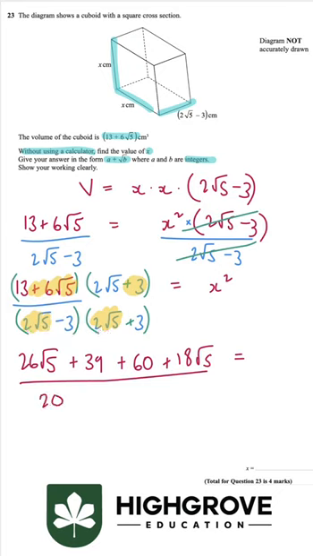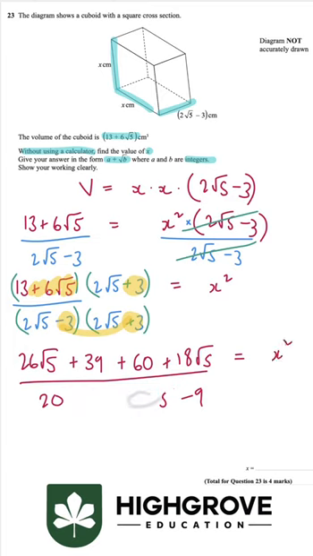And then notice that I'm going to have, from this multiplication, a 6 root 5 plus 6 root 5. But from this multiplication, I'm going to have minus 6 root 5. So those two middle terms will cancel one another out. And I've got one final multiplication to do, which is minus 3 multiplied by 3, which gives me negative 9 here.